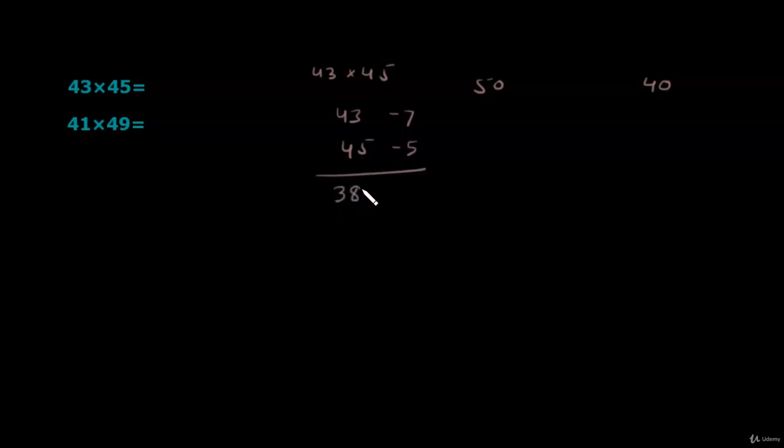Both ways it will become 38, and negative 7 times negative 5 is 35 for the second part. Now if we are taking base 50 as 10 times 5, then we have to multiply by 5 over here. So this becomes 190. Now because the base is 10, second part has to be a 1-digit number. So we write 35 as this. So answer becomes 1935.